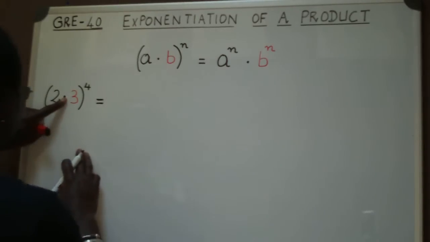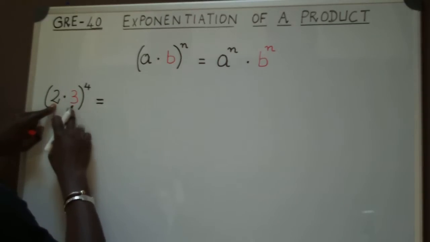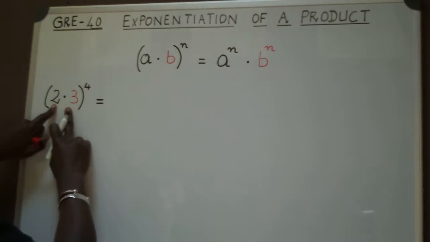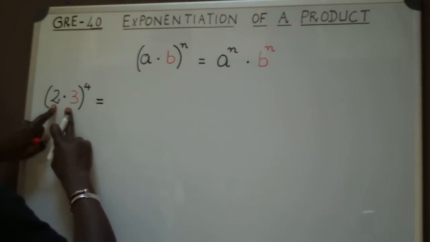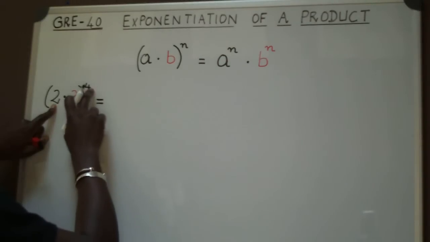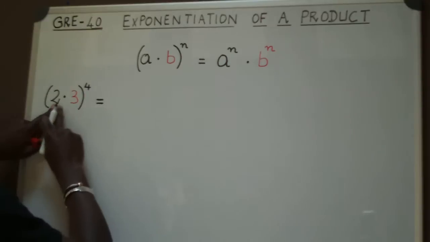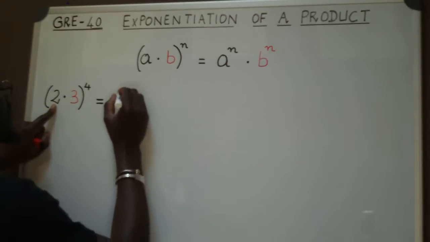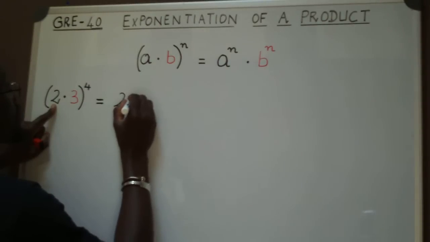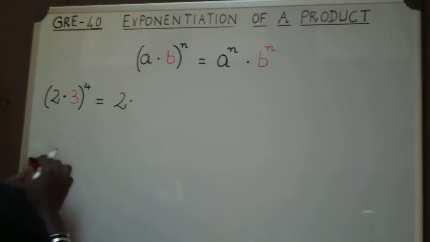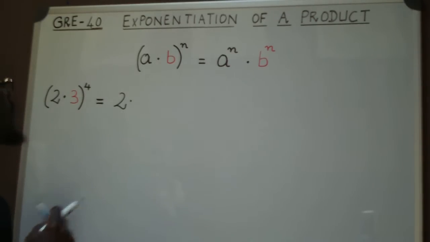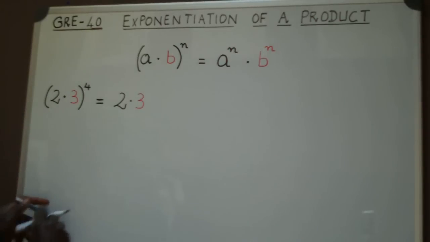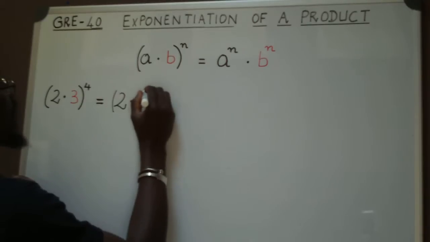To exponentiate a quantity means to multiply that quantity repeatedly by itself until you get as many factors as is indicated by the exponent. So therefore 2 multiplied by 3, raised to the exponent 4, is equal to 2 multiplied by 3, this is one factor.